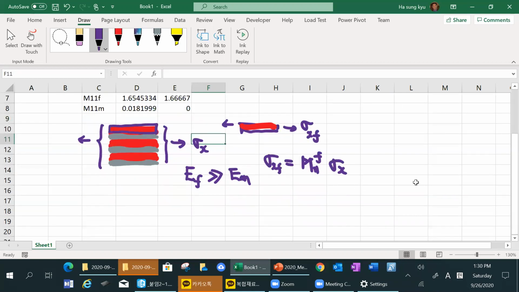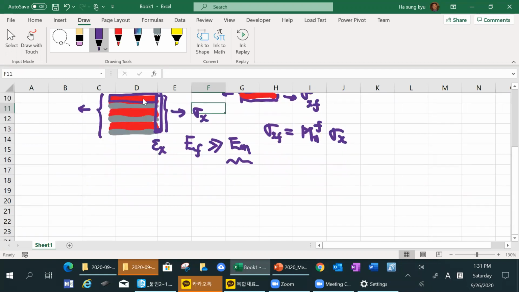Then what will happen is that this UD ply is always expanded together, meaning this is the epsilon x, and they expand the same amount. When they expand the same amount, the stiffness is very small in the matrix, so the force transferred by the matrix can be negligible.